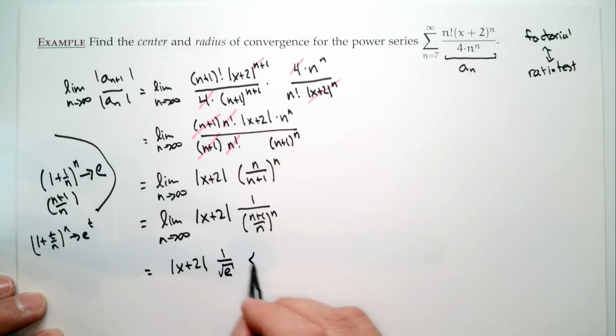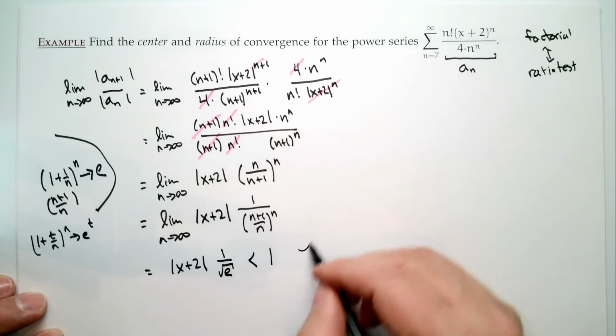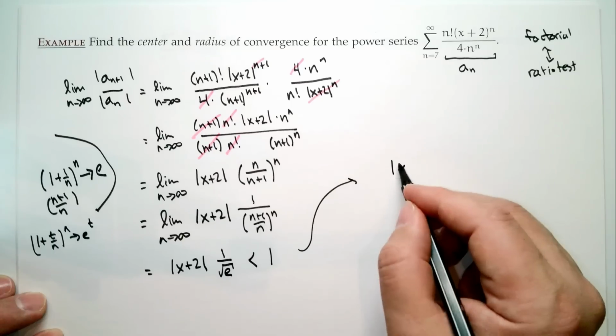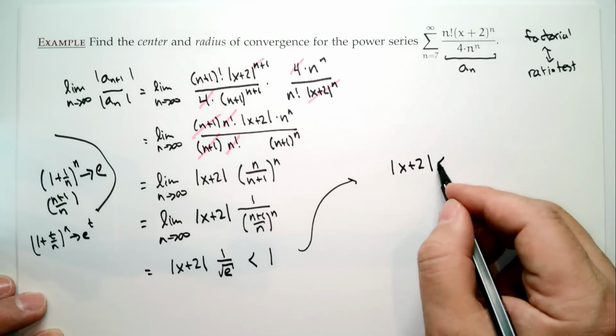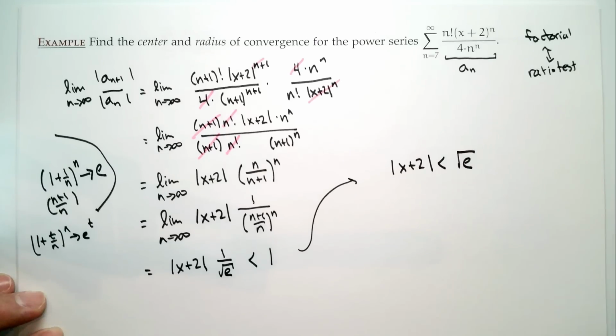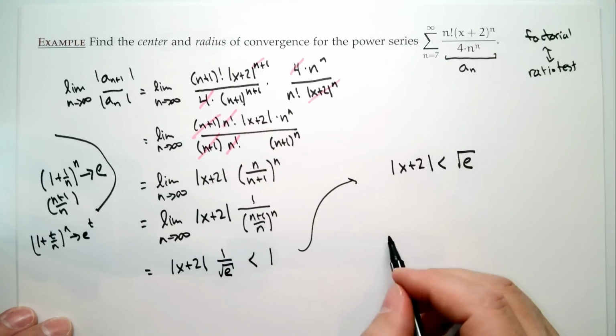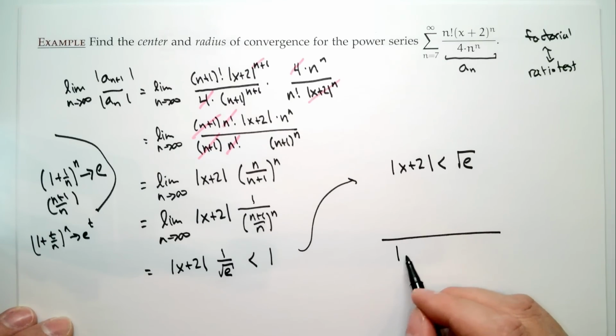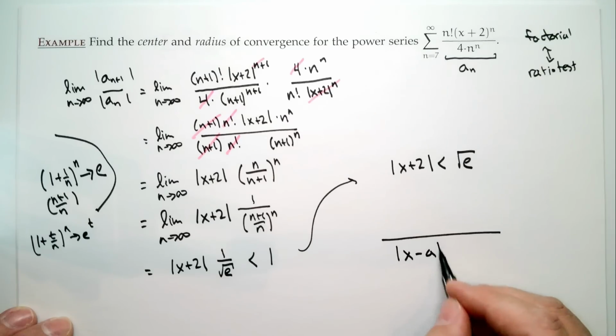And to converge, we need to be less than 1. So rewriting this, we get that this says absolute value of x plus 2 is less than square root of e. And at this point, we can almost read off our answer. Because what do we mean when we talk about things like the center of convergence and the radius of convergence? Well, typically what we mean is we have absolute value of x minus a less than r.